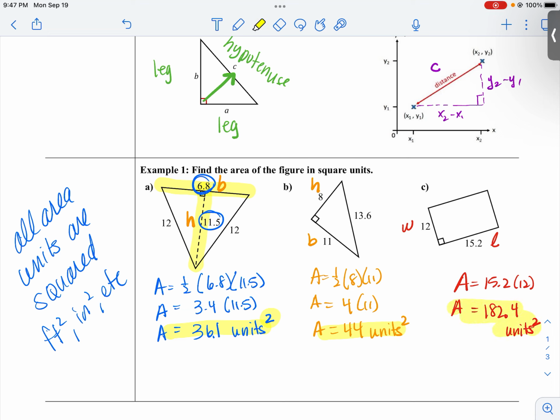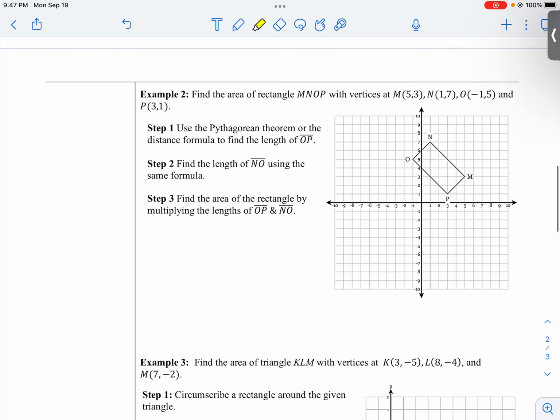So basic area, you've been doing this for a long time, shouldn't be a big deal. What we're focused on is finding those measurements using either the distance formula or the Pythagorean theorem. So let's go look at some problems on the back.